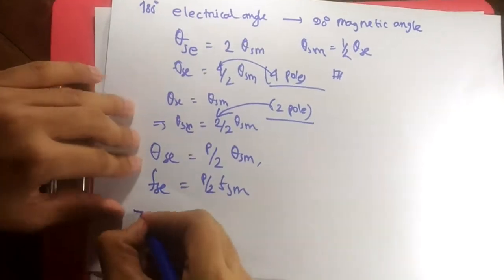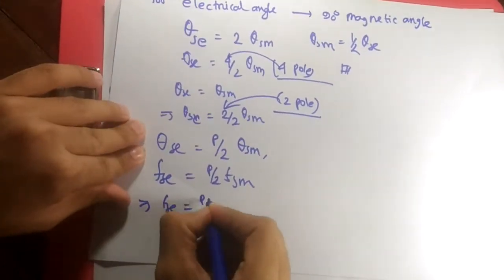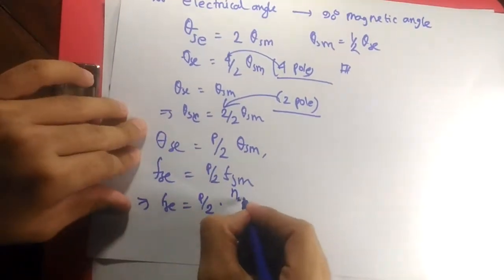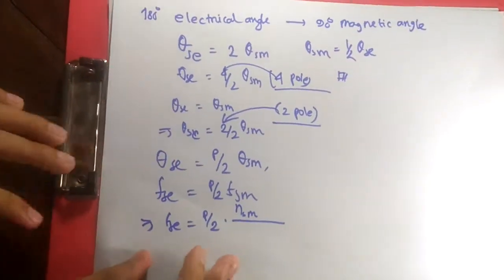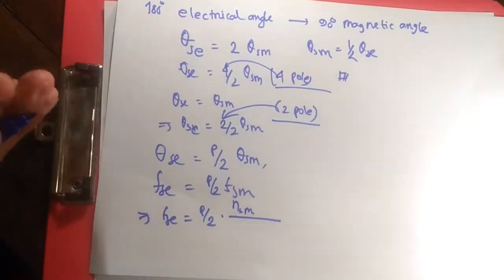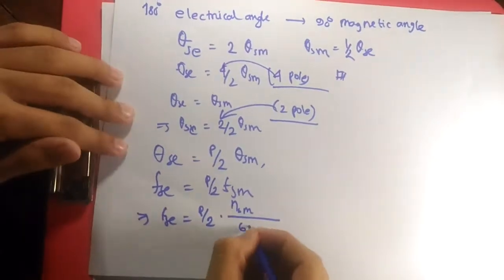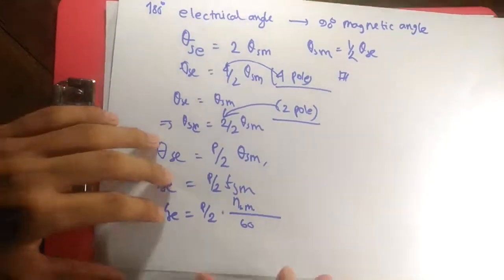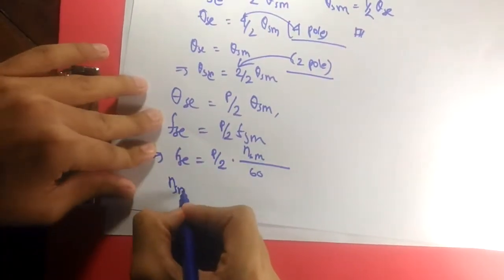And if AC equals P by 2 SM, what is frequency? Frequency is simply the speed divided by 60, the speed per minute divided by 60, right? And so what can I come out to be?